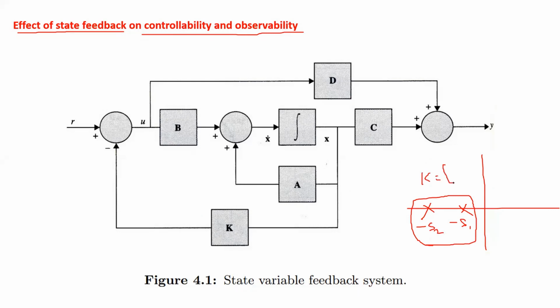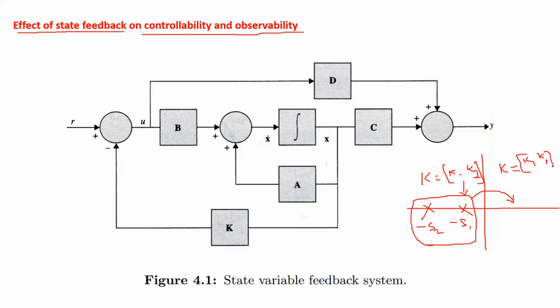Since there are two poles, it is a second order system. Therefore, K1 and K2 values can be designed based on these two poles. Suppose the poles are located in the right side of the S-plane, again, what is the value of K? The gain matrix we have to find is K1 and K2.